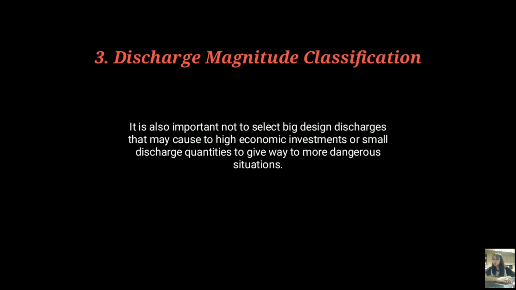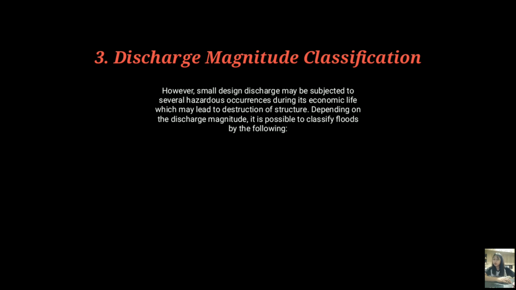It is also important not to select a big design discharge that may cost high economic investment, or small discharge quantities that give way to a more dangerous situation. However, small design discharge may be subjected to several hazardous occurrences during its economic life, which may lead to destruction of the structure. Depending on the discharge magnitude, it is possible to classify floods as follows.